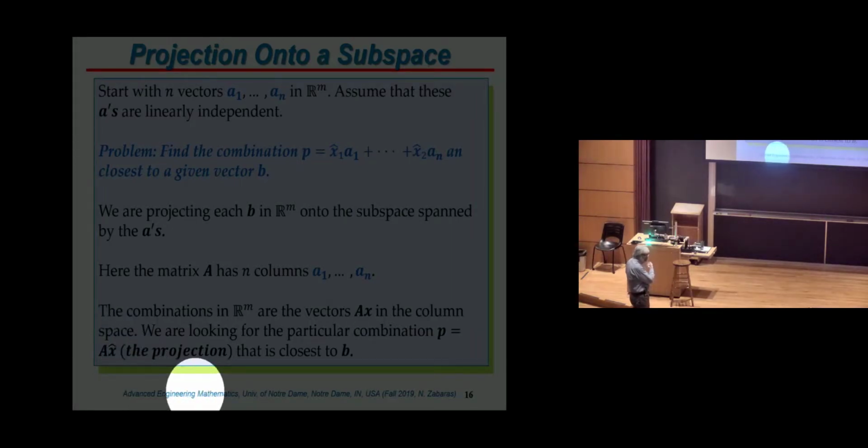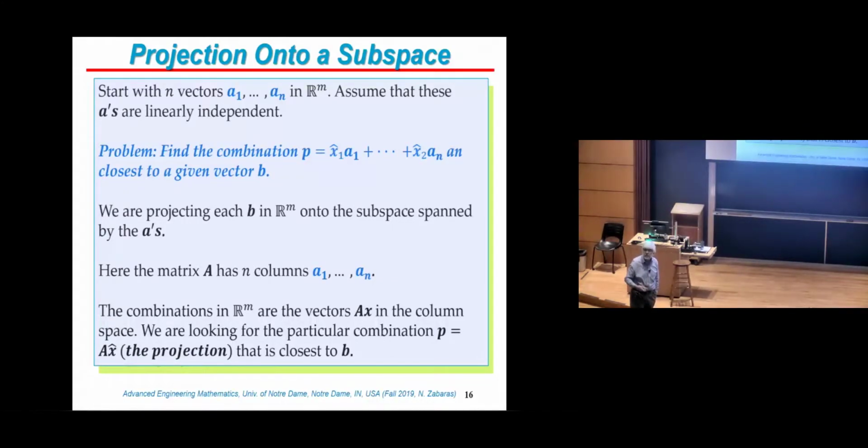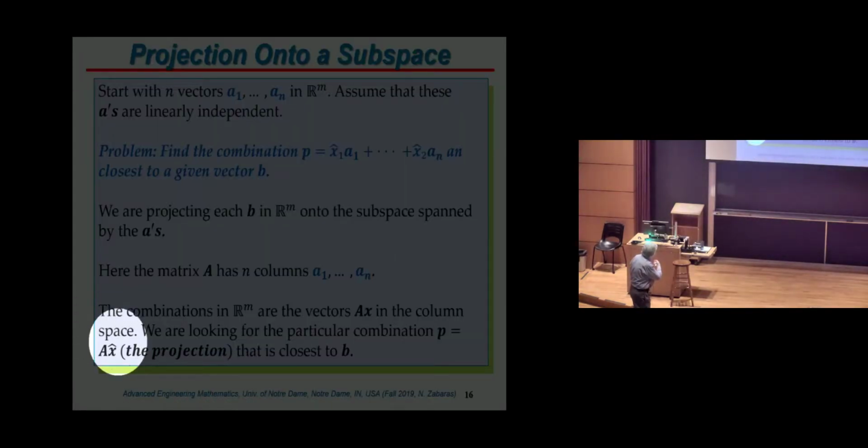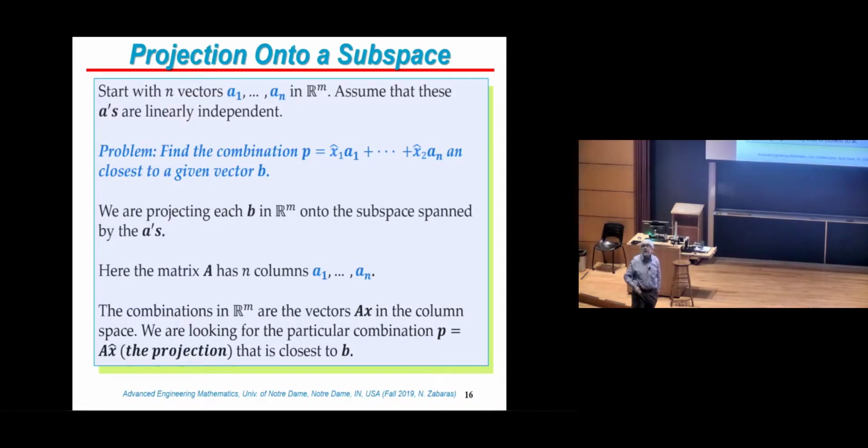And what is A x hat? It is the orthogonal projection of B onto that plane, that subspace, right? When I project B onto the subspace, I'm going to get some unknown combination of the columns. I call that unknown combination A x hat. So really, A x hat is my projection point P. x hat is unknown; I don't know what it is.